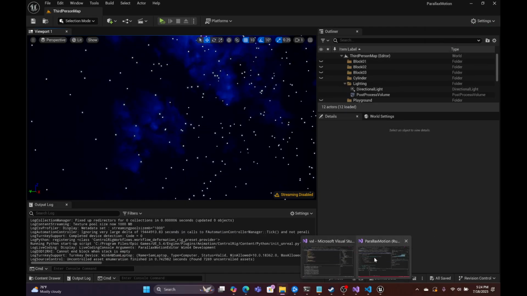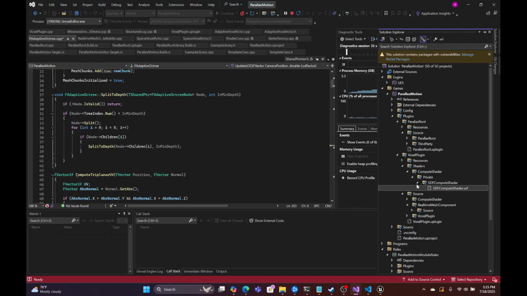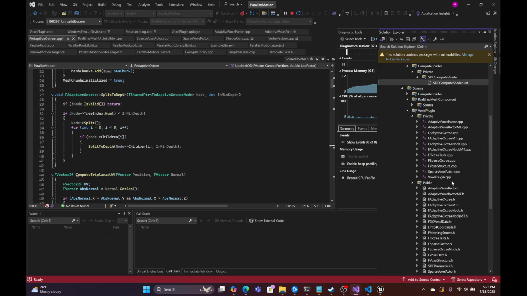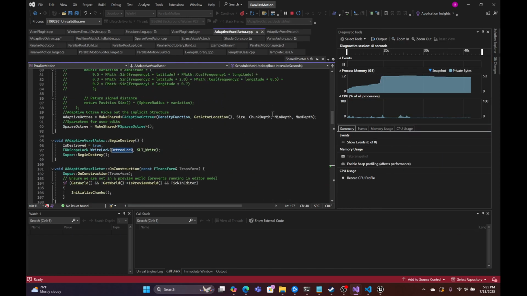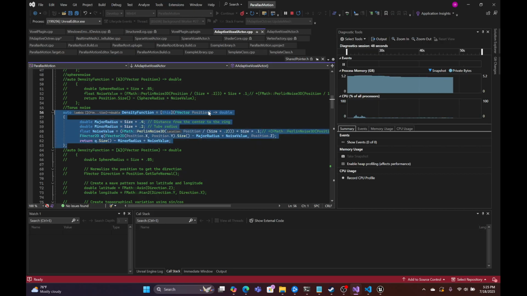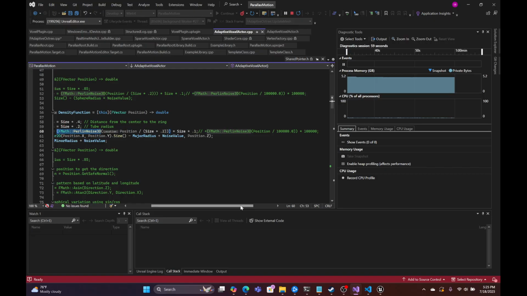Yeah, so here we go. What I have is a Torus SDF modified by just FMath Perlin Noise 3D, scaled by the size and a factor.